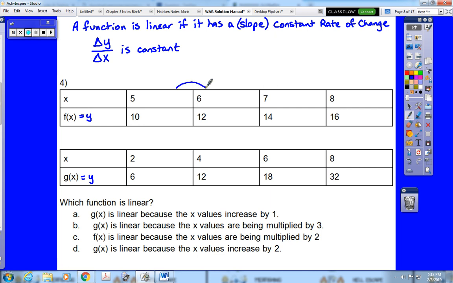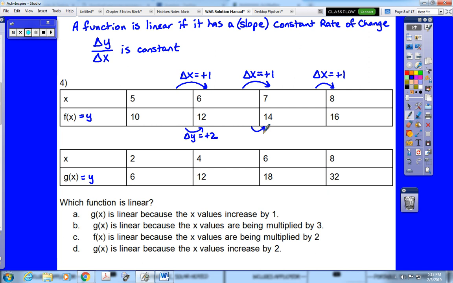So to go from 5 to 6 is a change in x of positive 1. To go from 6 to 7 is a change in x of positive 1. See what I'm saying? To go from 7 to 8 is a change in x of positive 1. To go from 10 to 12 is a change in y of positive 2. 12 to 14 is a change in y of positive 2.